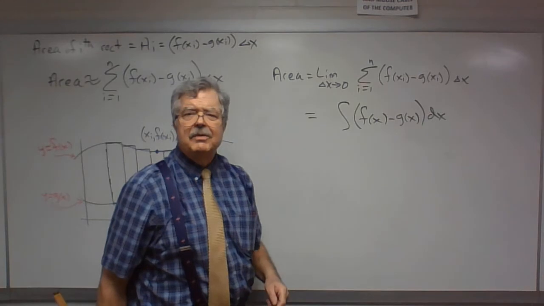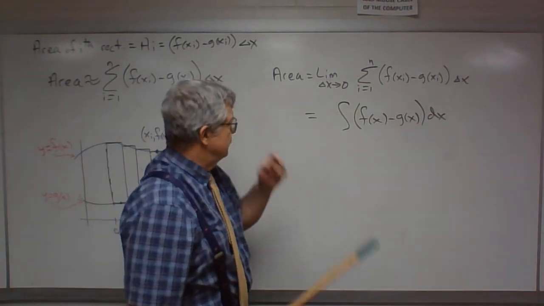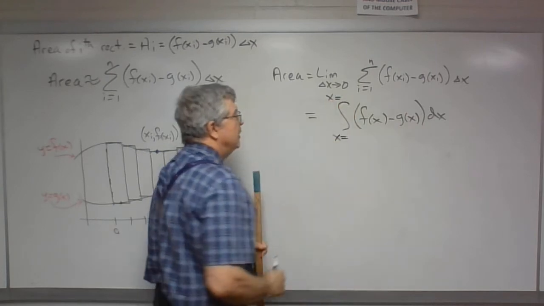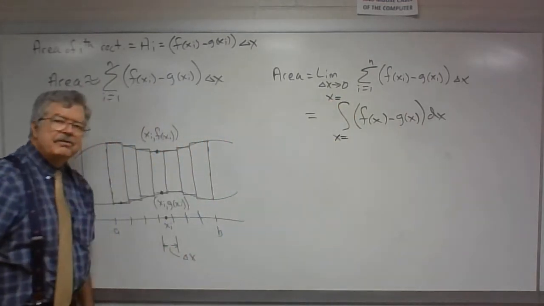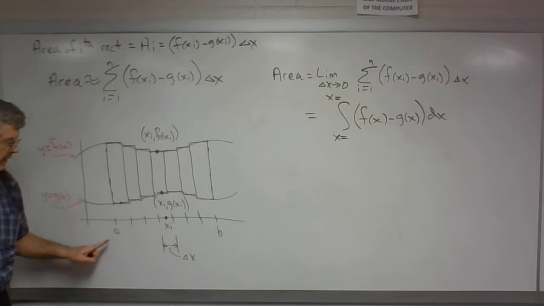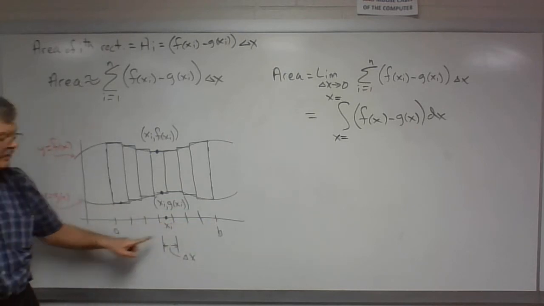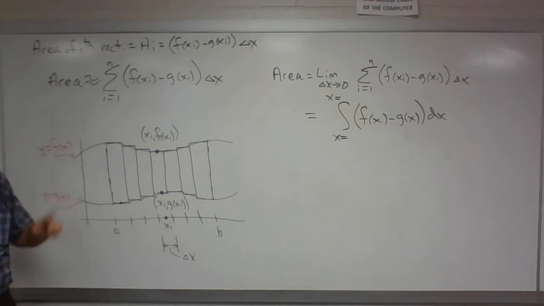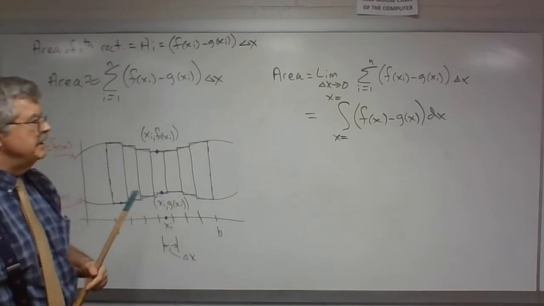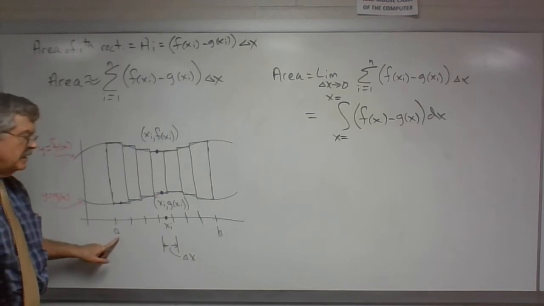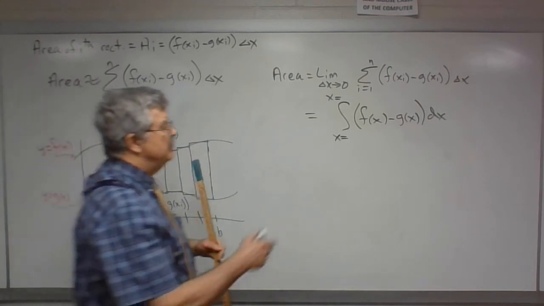And how do we know what the endpoints are? The foolproof criterion is this: the endpoints of the interval that we partition into subintervals will be the limits of the definite integral. So in this case, a will be the lower limit, b will be the upper limit.